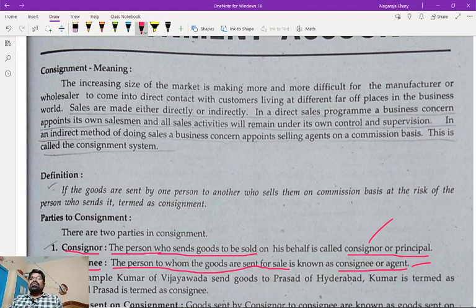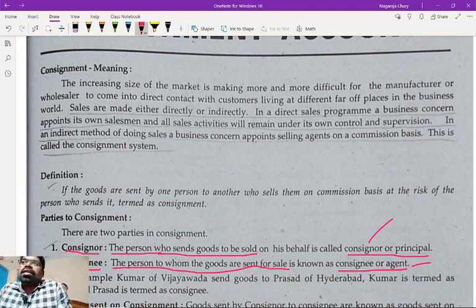In this process, we may have different expenditures. Maybe the consignor or the consignee expended something, and that will be settled in the accounting procedure. How we settle it, we will see in the accounting procedure. So this is the process of consignment.